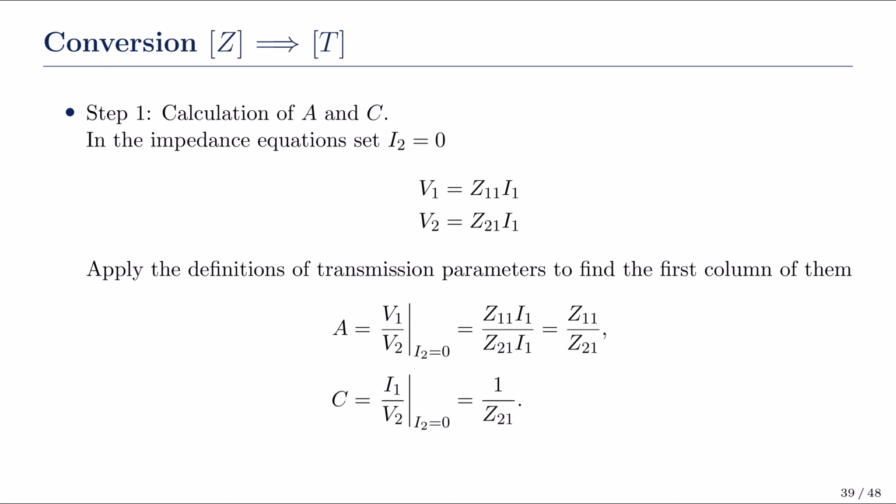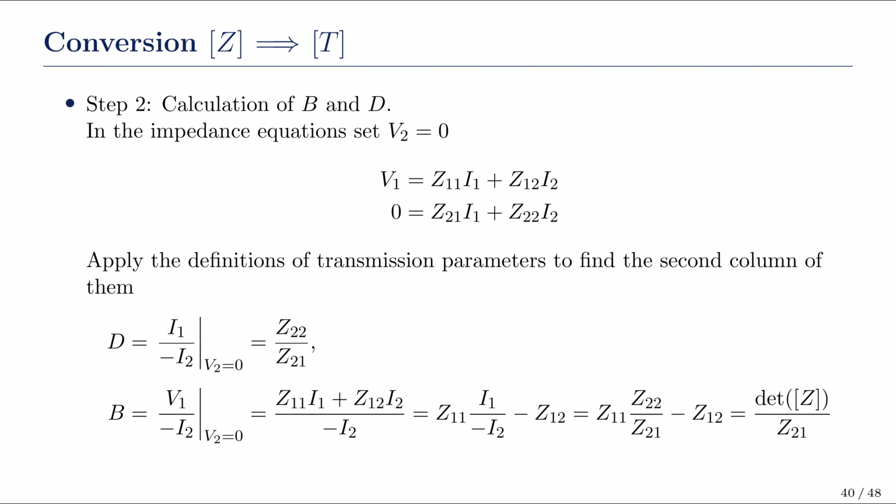Step 1. With the output port open circuited so that I2 equals 0, the impedance equations simplify considerably. Applying the transmission parameter definitions gives the first column of the transmission matrix, namely A and C. Step 2. Next, we set V2 equal to 0.